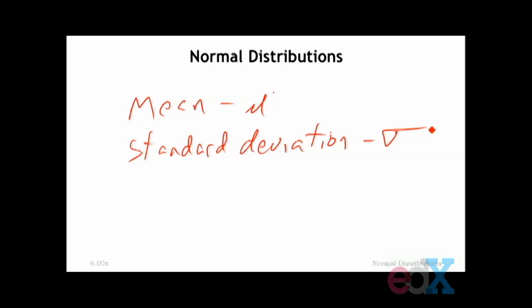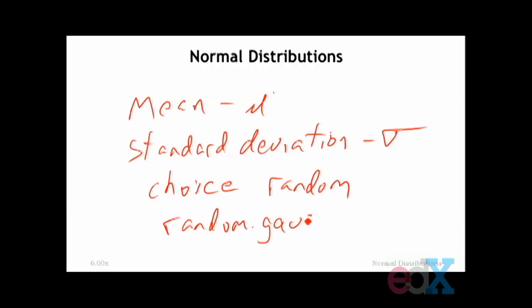So far we've looked at two functions from random that draw from a uniform distribution, random.choice and random.random. Now I want to look at a function that draws from a normal distribution. That function is random.gauss.